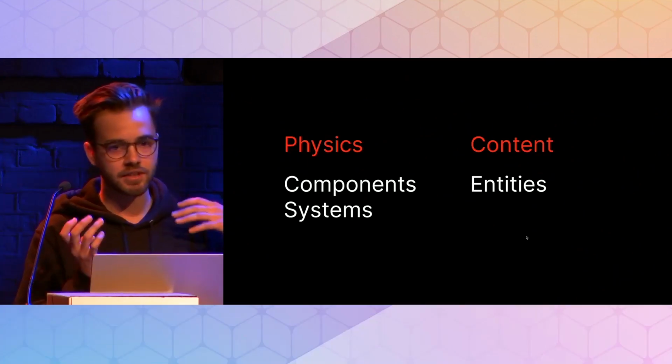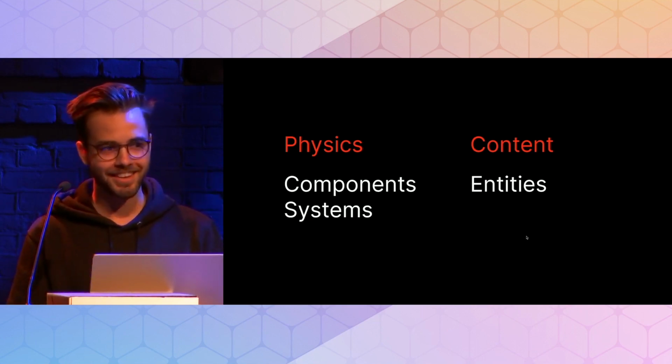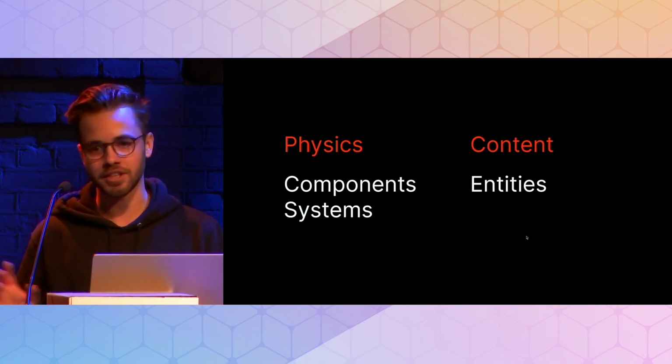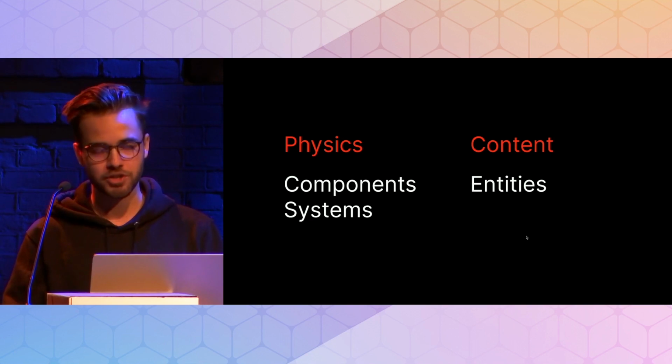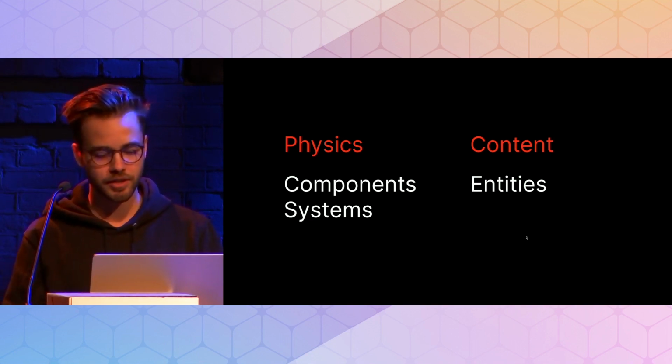And after you've designed your physics, like designed your components and systems, then you can just mix and match and create new content without ever touching the code, which makes it much more foolproof, easier to extend, easier to add new functionality.